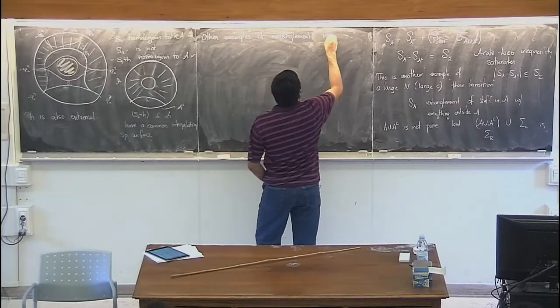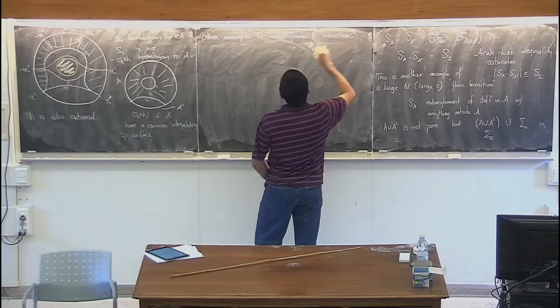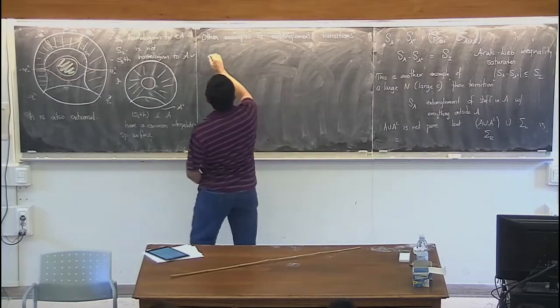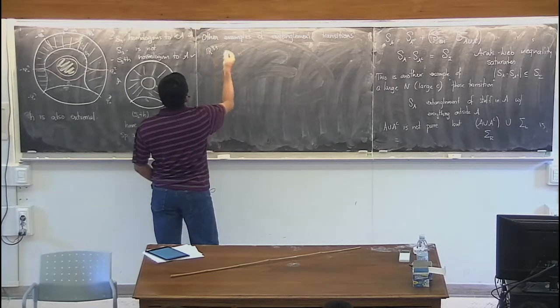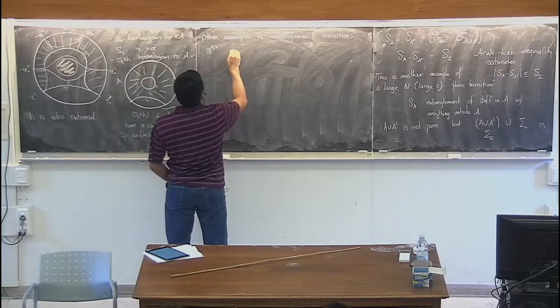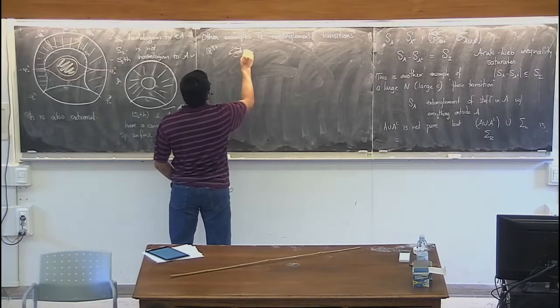I'll just call them entanglement transitions. Let's do it for a CFT on R1,1, but now for A being two disjoint intervals.